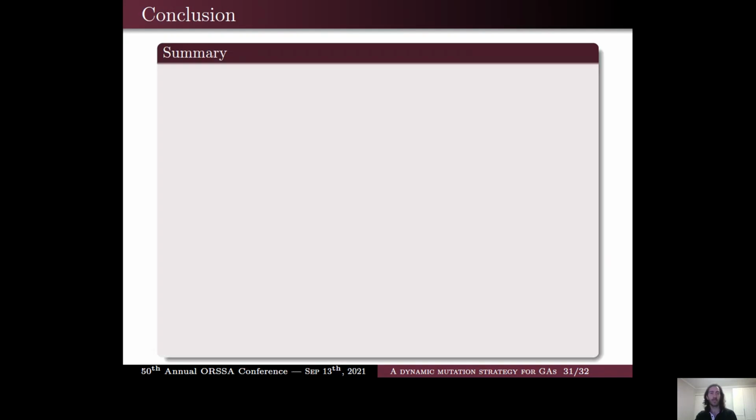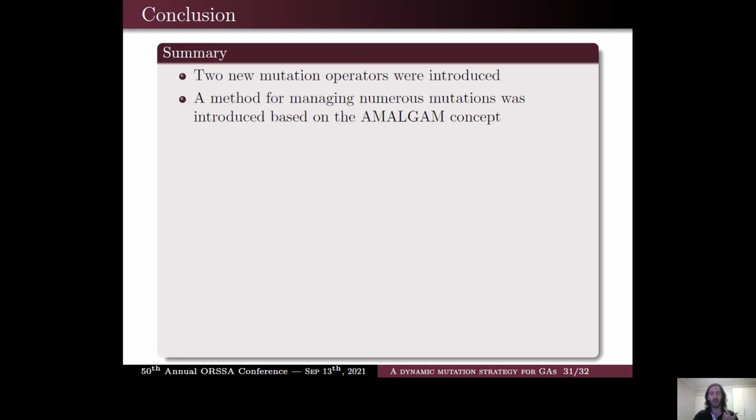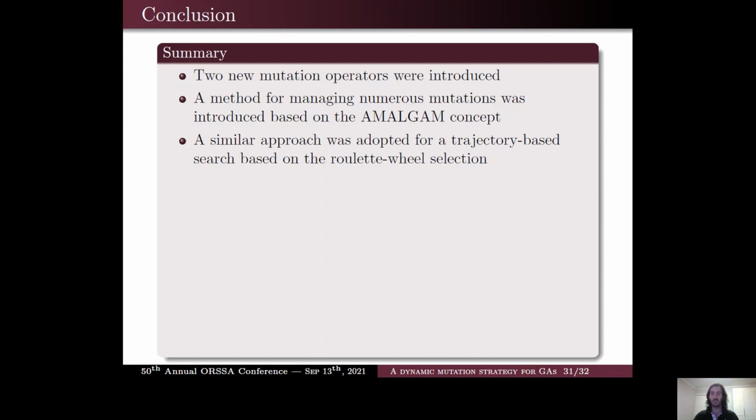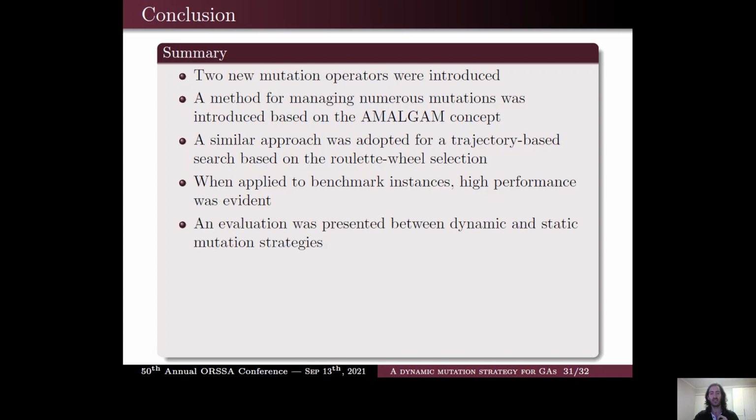So in conclusion, 2 new mutation operators were introduced. A method for managing numerous mutations was introduced based on the amalgam concept. A similar approach was adopted for a trajectory-based search based on the roulette wheel selection procedure. When applied to benchmark instances, high performance was evident.